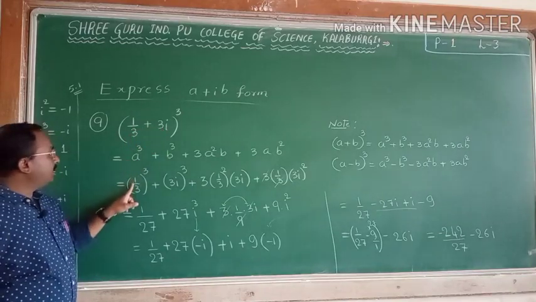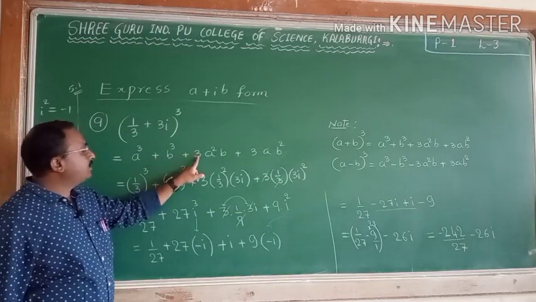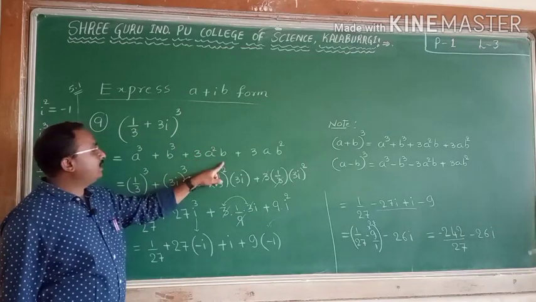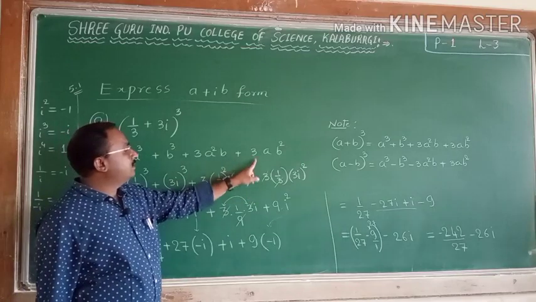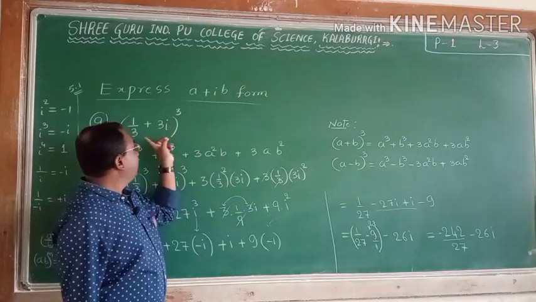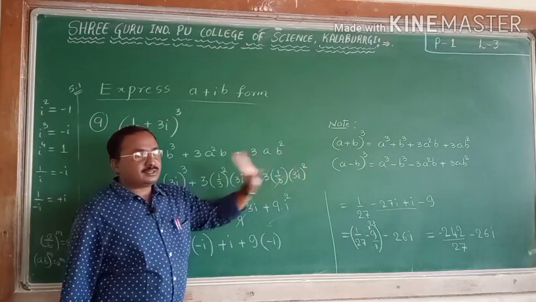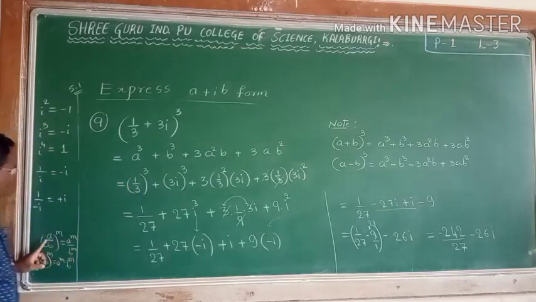That is a cube, that is b cube, plus 3 as it is. a is (1 by 3) whole square, b is 3i. a value is 1 by 3, b value is 3i.